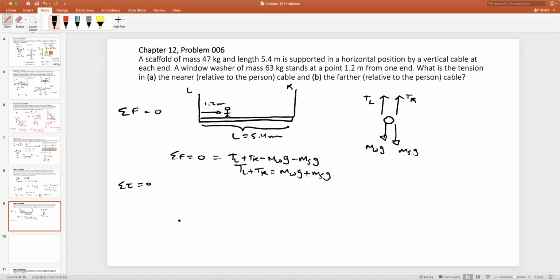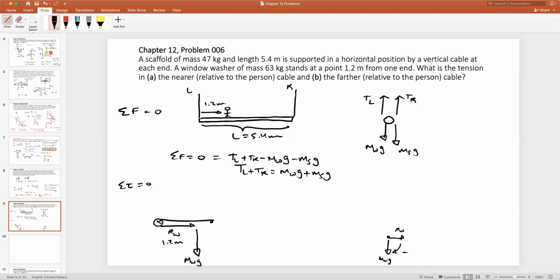For the sum of the torques, we're going to choose the left side. And that means that we have R to the window washer, which was 1.2 meters. And the force acting on that is the mass of the window washer times G. Note that this is R and this is MWG, and this torque therefore is negative.